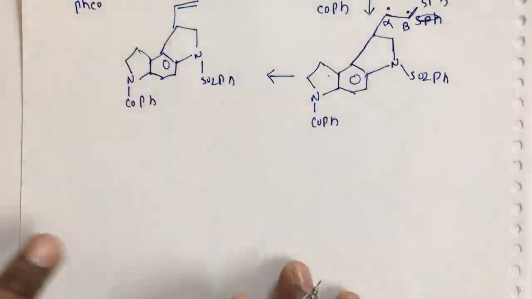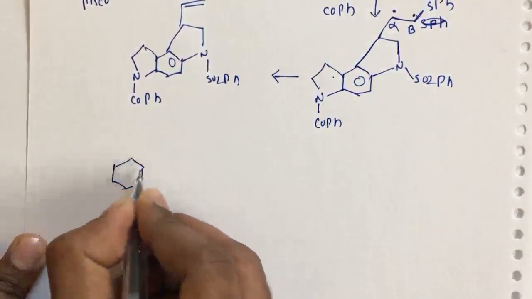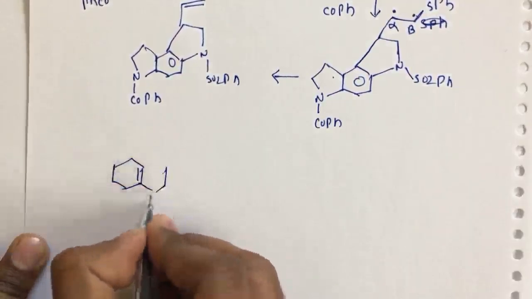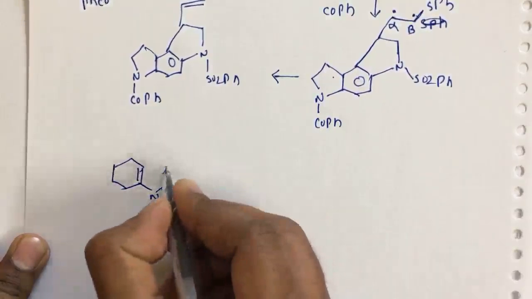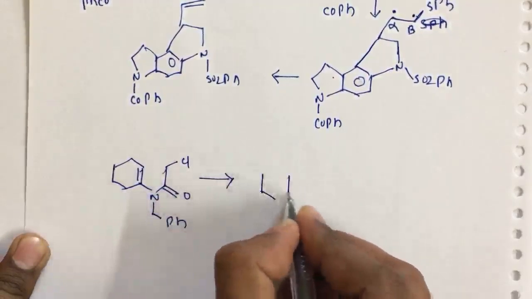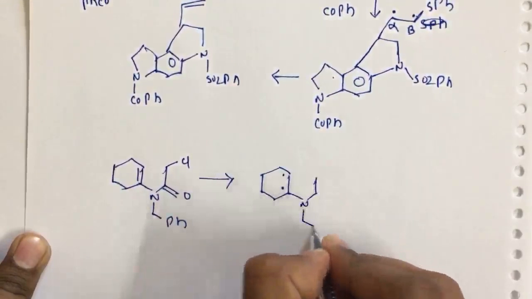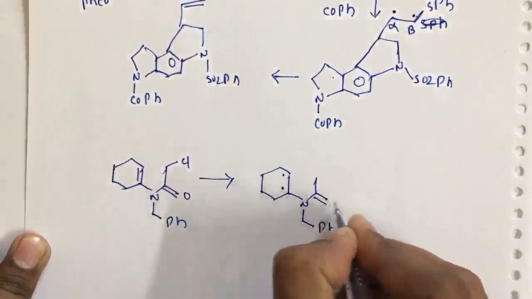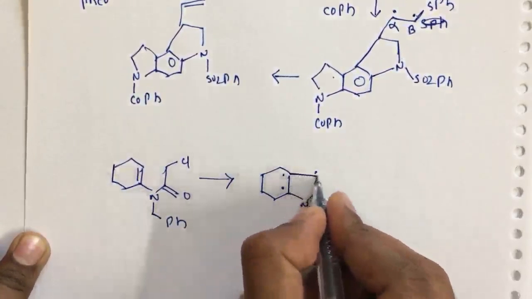So likewise here also we have one more example. Here we have these two radicals, and now this forms a bond like this.